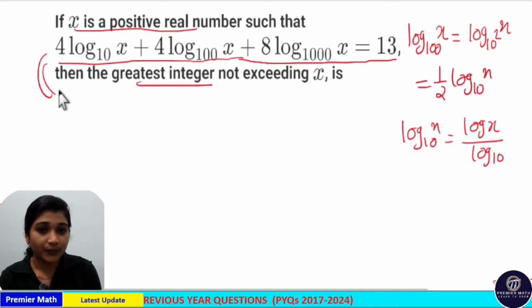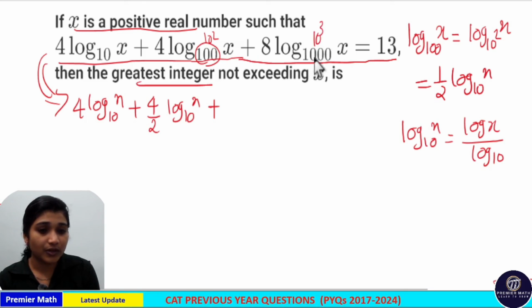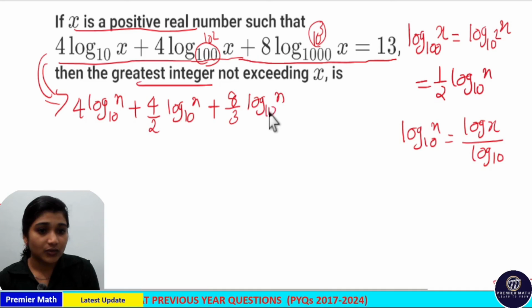So our question will become 4 log x to the base 10 plus 4 log x to the base 100, and here 100 is 10 square. So this will become 4 by 2 log x to the base 10, plus here 1000 is 10 cube. So this will become 8 by 3 log x to the base 10, which is equal to 13.